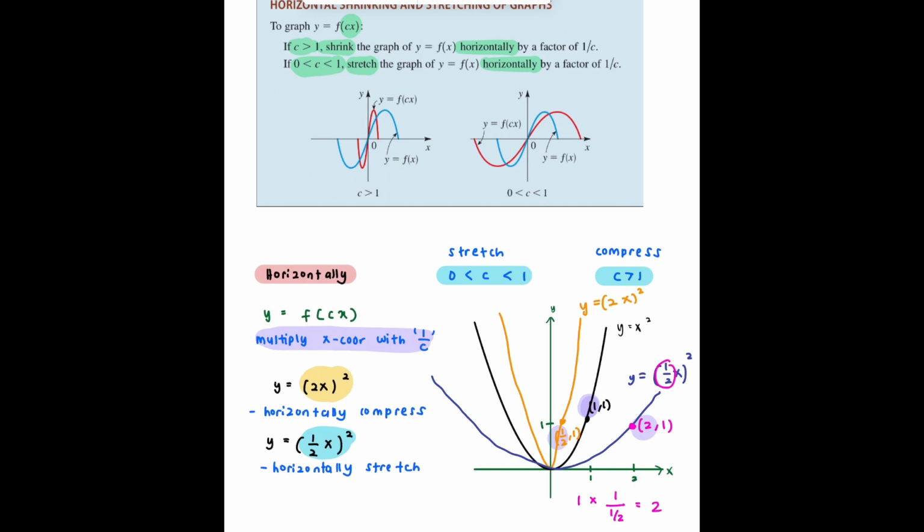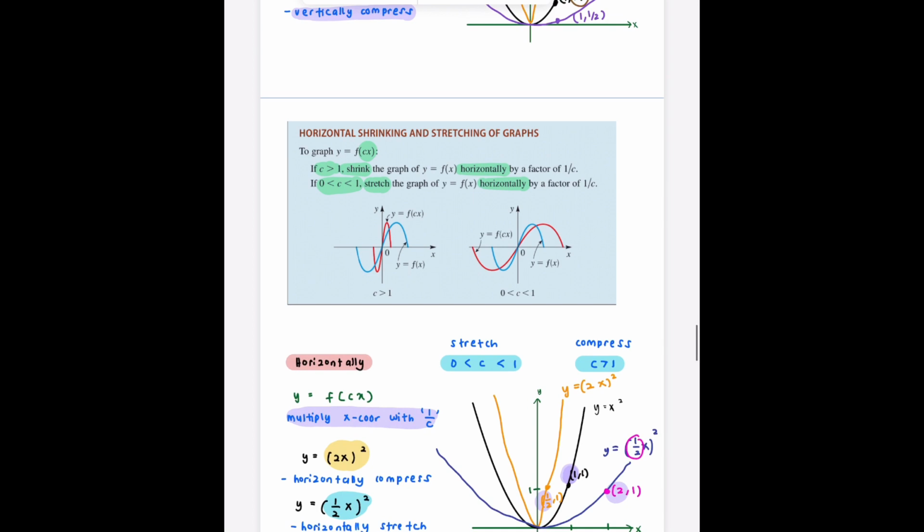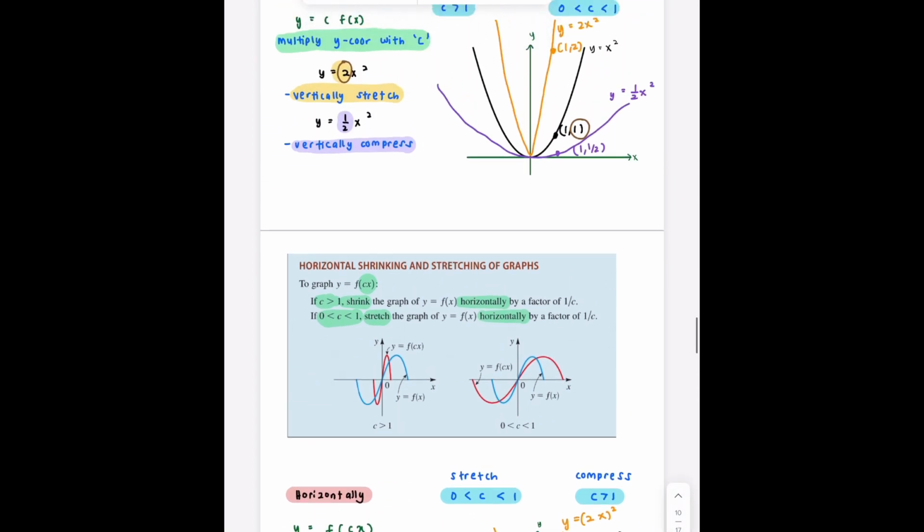Why does y remain the same? Because this one involves horizontal stretch or compress. Horizontal means you change only your x coordinate. Y remains the same. If you can find the relation, actually, this is the graph of horizontal compress, which is equal to this graph. This graph is what? Vertical stretch.